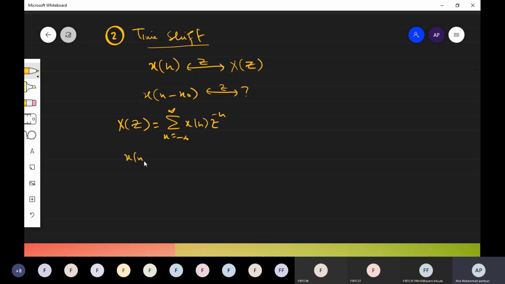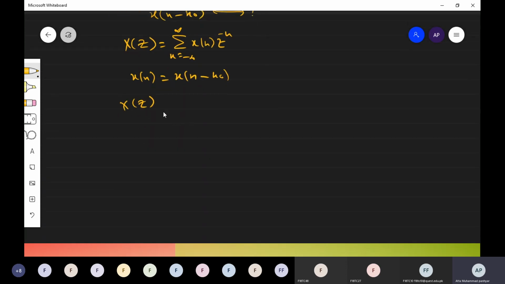But now we have a signal which is shifted by n naught units, so our x of z must become summation n from minus infinity to infinity x of n minus n naught z power minus n, right? We want to reduce this term to a single variable, so let's say m is equal to n minus n naught.